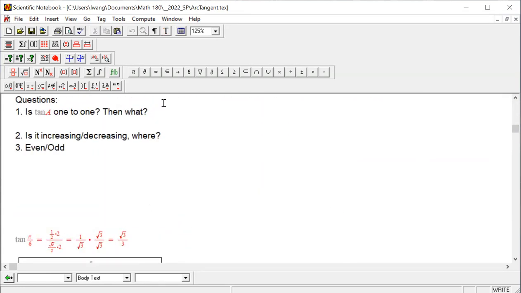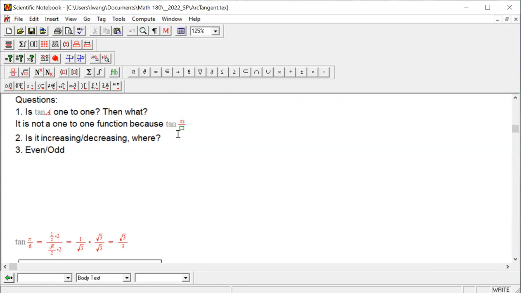We will say it is not a 1-to-1 function because tangent pi over 4 equals tangent 5 pi over 4.